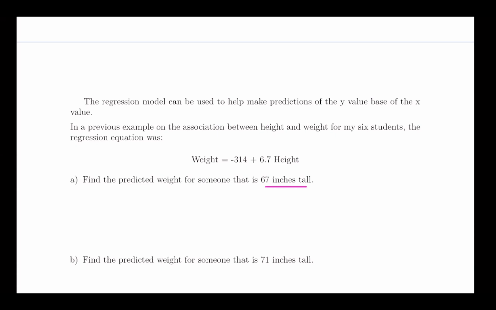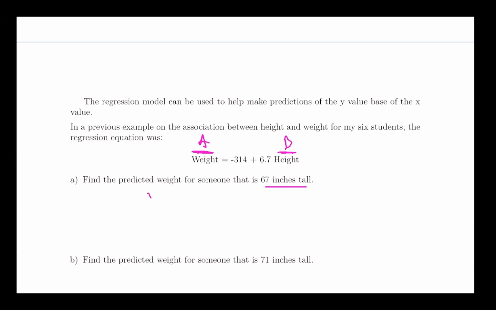For 67 inches tall, does that reflect the height or the weight of the student? The height. So where do I want to put that? Should I put it in A or in B? B. You want to put it in B.